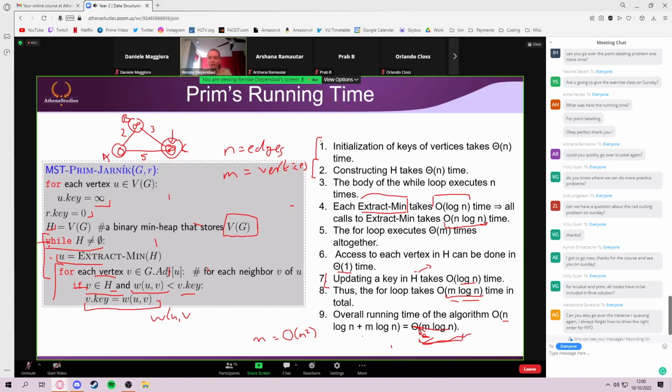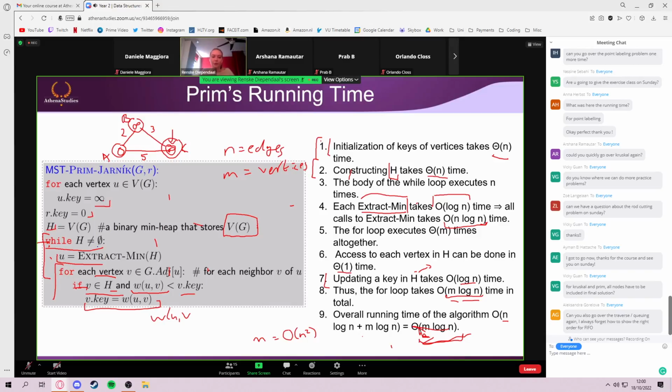So for the running time, we have this entire thing. First we have the initialization of the keys. We need a key for each vertex, so this is the infinity in the beginning, and we have n vertices, so that's going to take n time. Then we need to construct the heap, which is going to take n time.